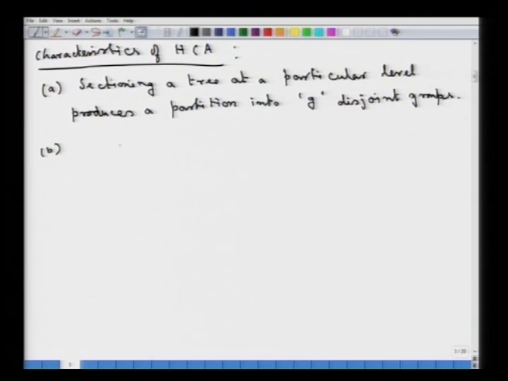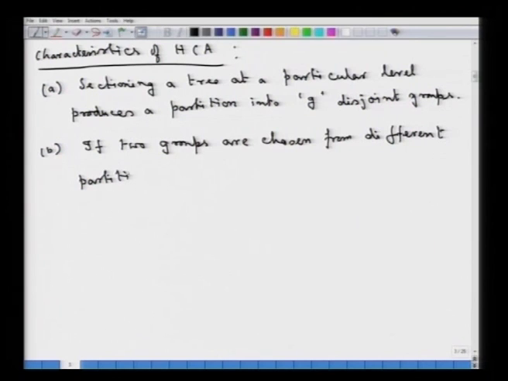Number 2, the second point to be noted is that if two groups are chosen from such different sections, different partitions, then either the groups are disjoint, that is what we have seen.